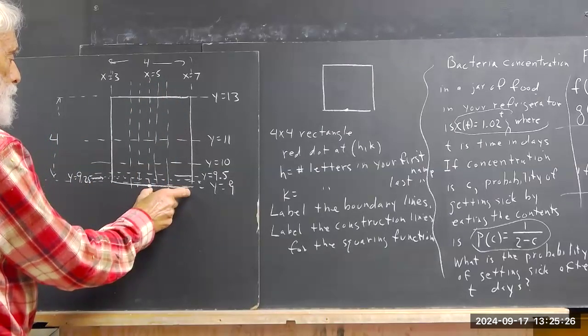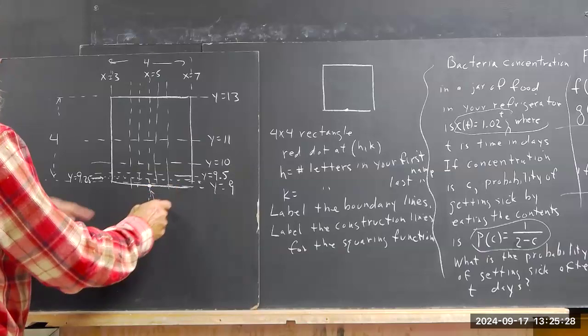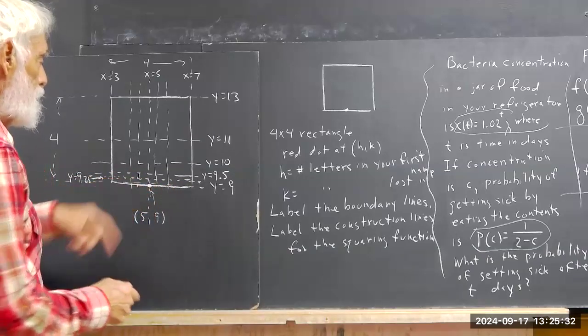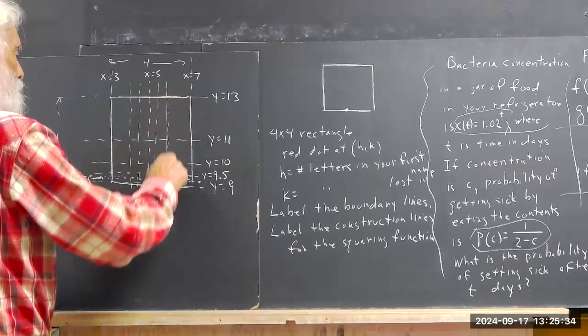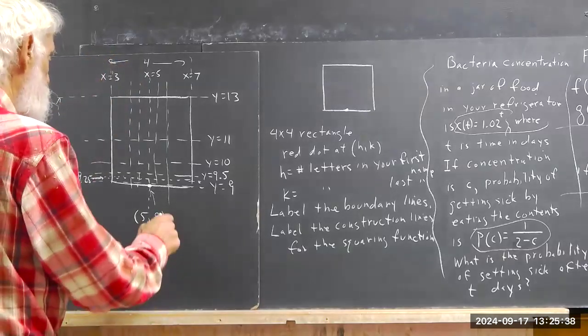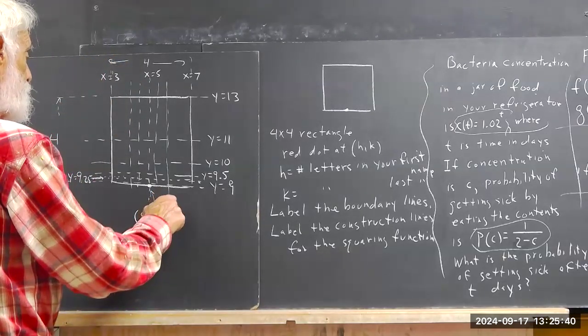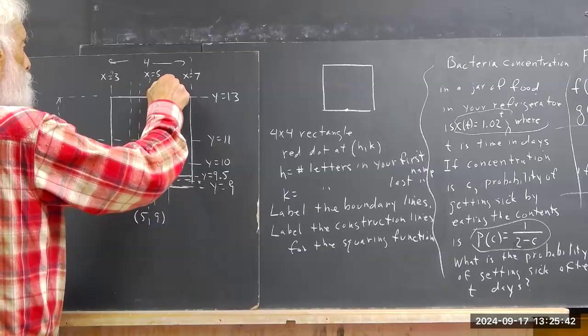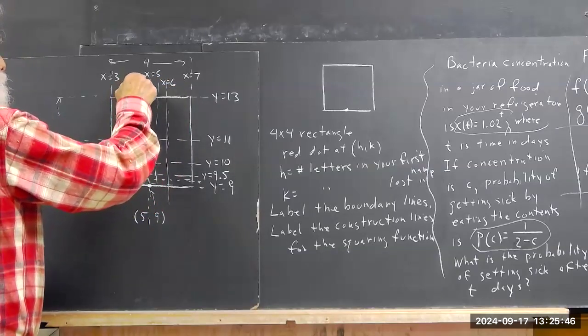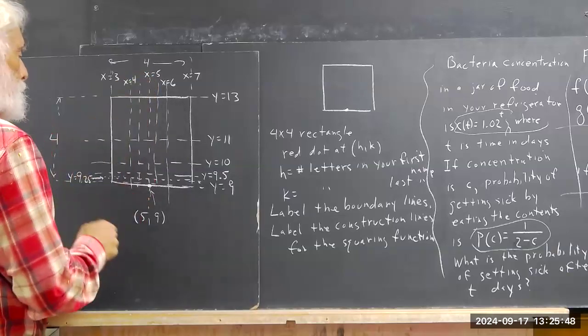Again, this line's halfway between these. Width is 4, this is 2, this is 1. So we have a line 1 unit to the right of x equals 5, which means it's at x equals 6. Similarly, we can reason out that this is at x equals 4.